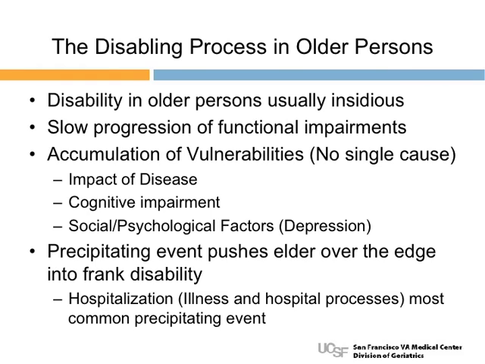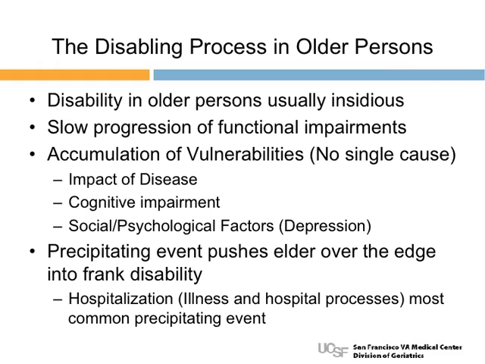I think the fundamental thing to understand is that disability in older persons is usually quite insidious. It usually is not some sudden thing that happens, boom, and you're disabled. That's sometimes the case with stroke and sometimes the case with hip fracture, but that's not the typical course. It's usually very slow. It's this slow progression of functional impairments.